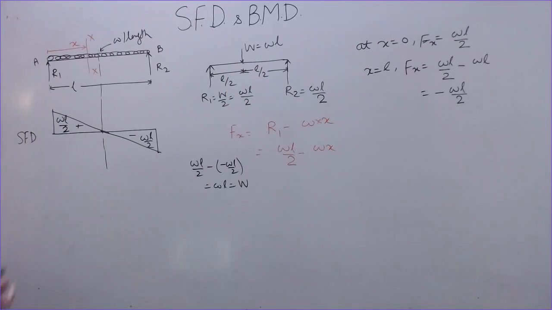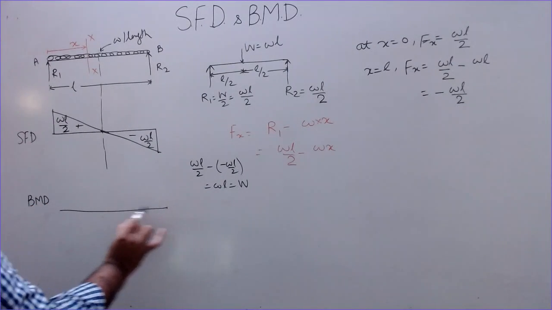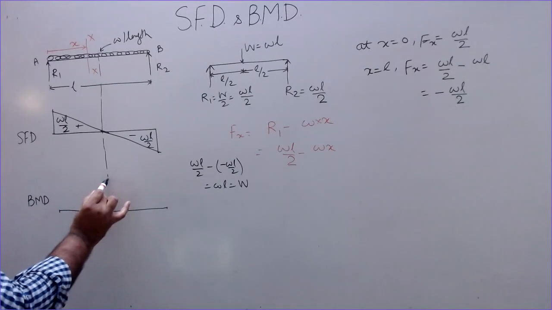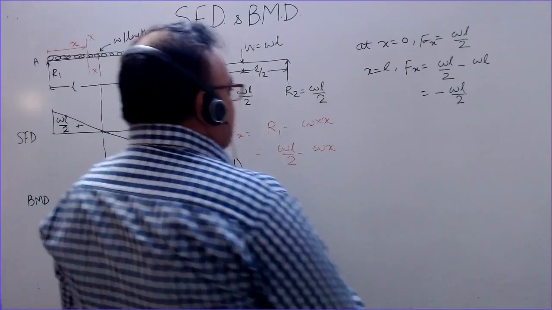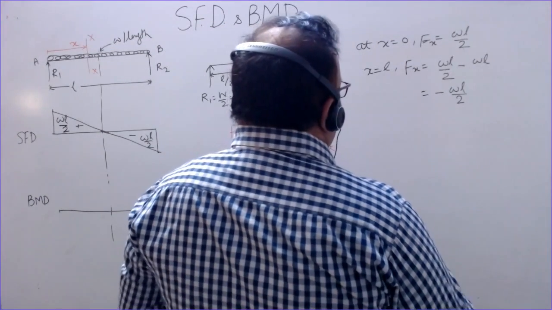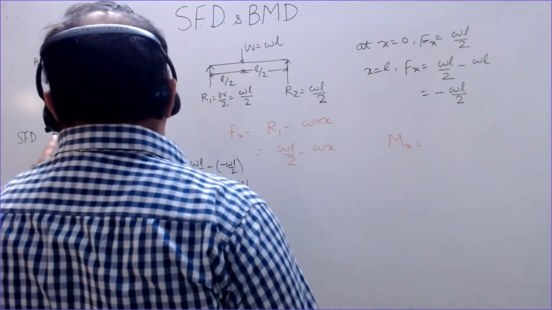Now we can draw the bending moment diagram for this. What is the bending moment diagram? Let us write the equation for the bending moment of the beam. Mx at a distance x from this end A. What is the bending moment?